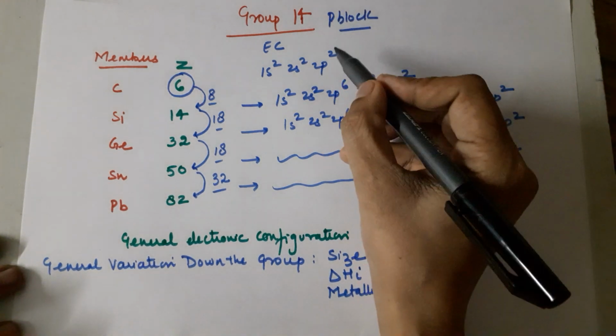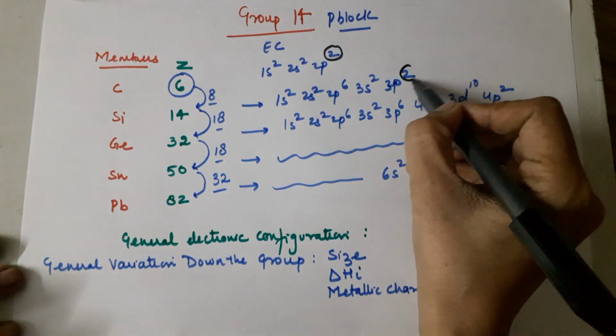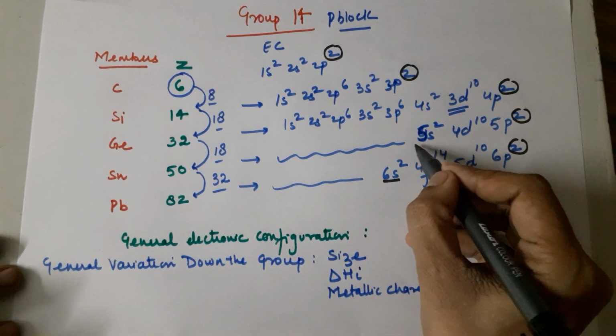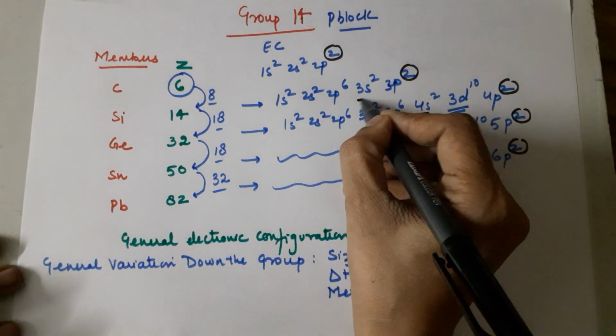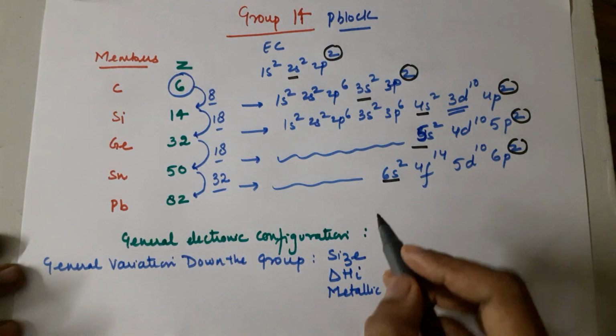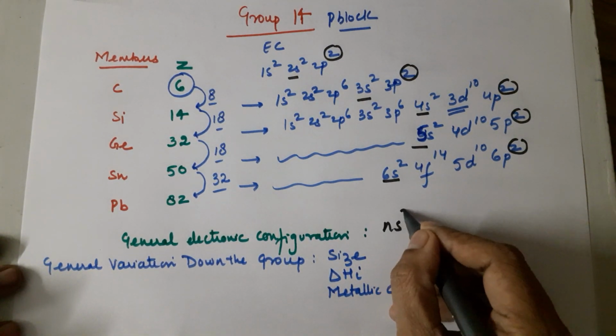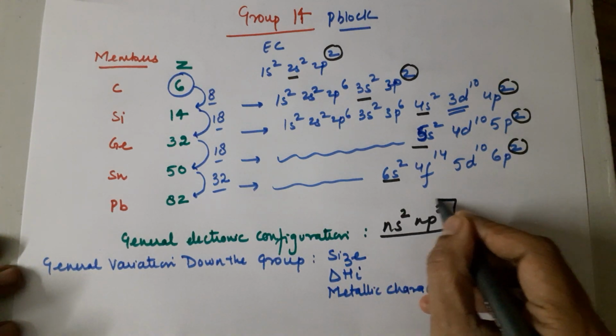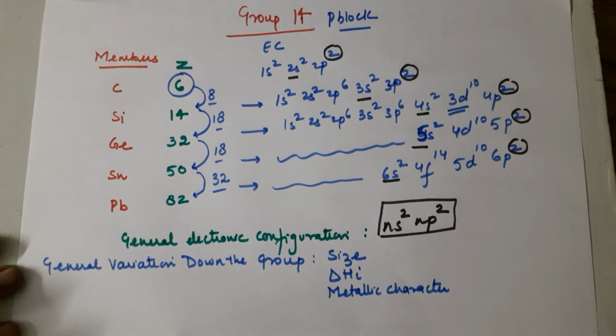So in all of them, your last p subshell has 2 electrons and last s subshell is fully filled. So the general configuration is ns2 np2 for group number 14.